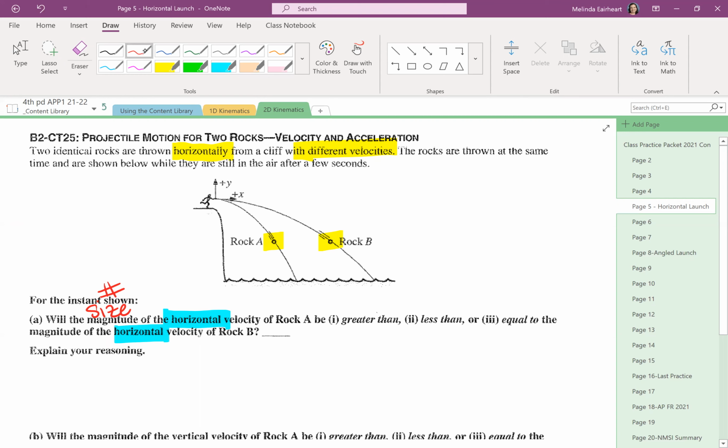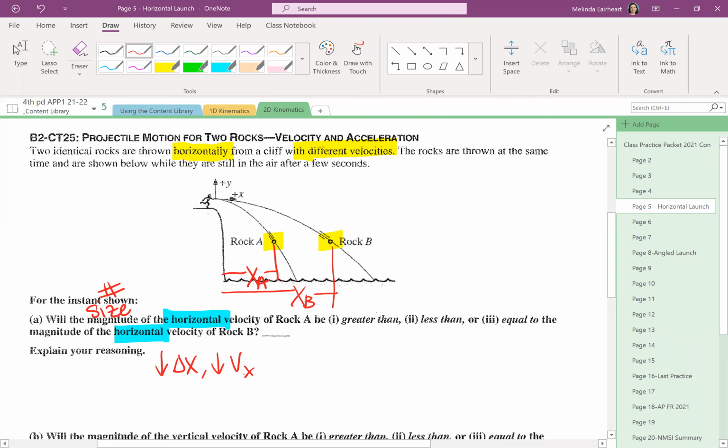A is going to be less than B? Why? It travels less what? A travels a smaller horizontal distance. And so you're saying that the smaller horizontal distance traveled will mean a smaller horizontal velocity?